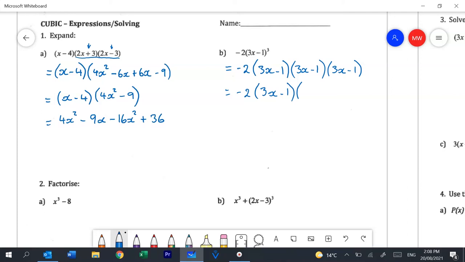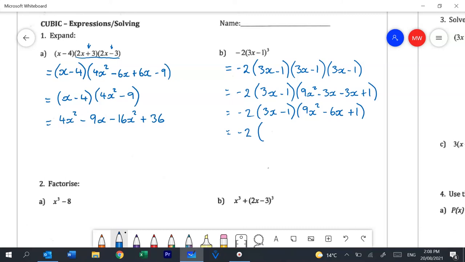So we're going 3x times 3x makes 9x squared minus 3x minus 3x plus 1, which means we'd end up with minus 2, 3x minus 1. And then if we tidy this up, alrighty, let's now work on dropping that 2 there and then tidying up what else we've got.